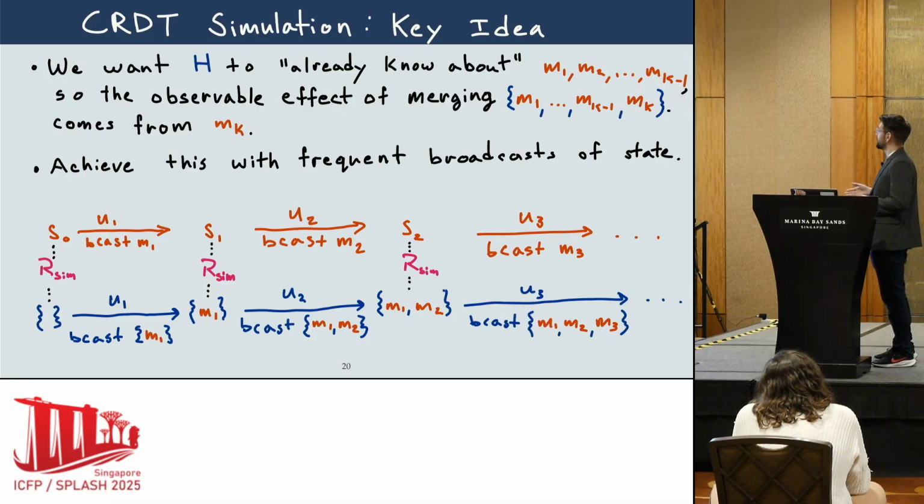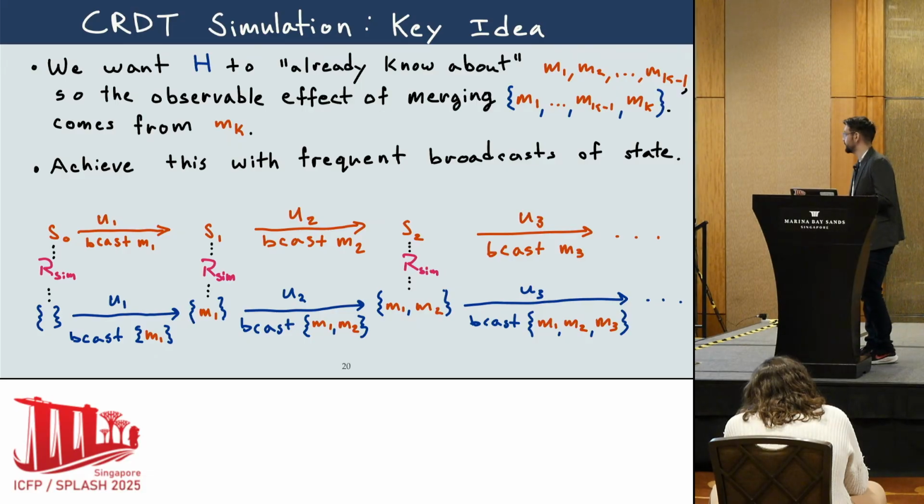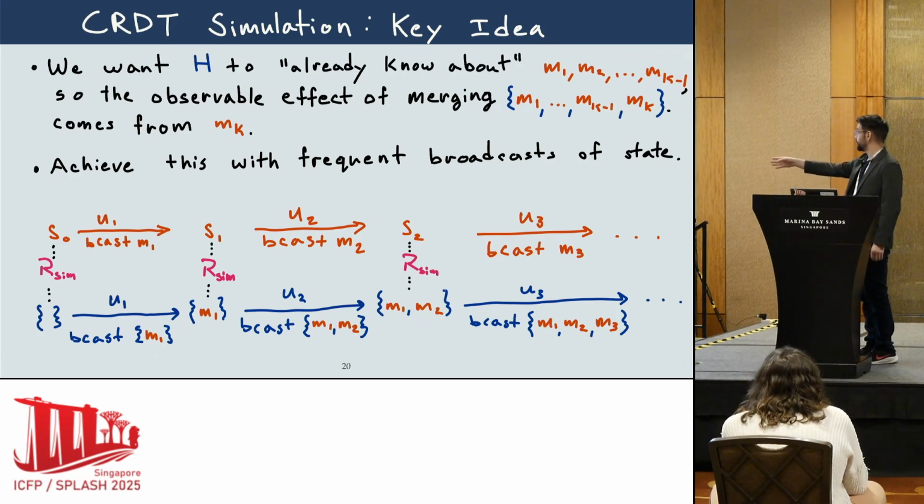The way that we do this is we restrict the state-based CRDT to always broadcast just as frequently as the op-based CRDT. So by constantly broadcasting just whenever the op-based CRDT does, we will guarantee that replicas have access to a number of states, and each of those states is growing by one message at a time.